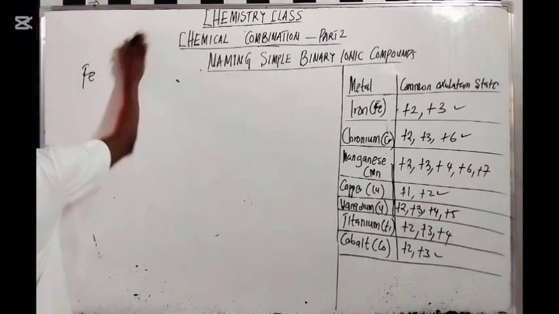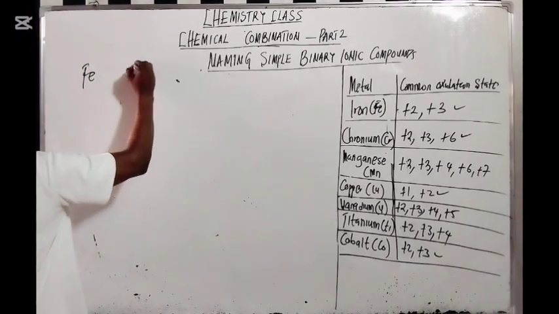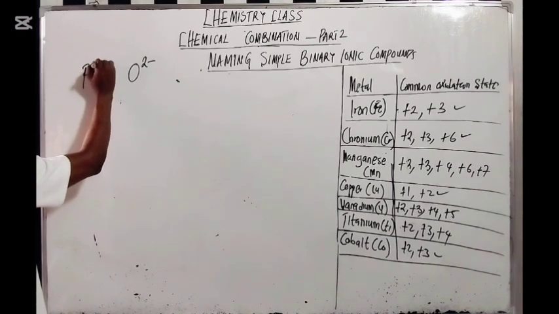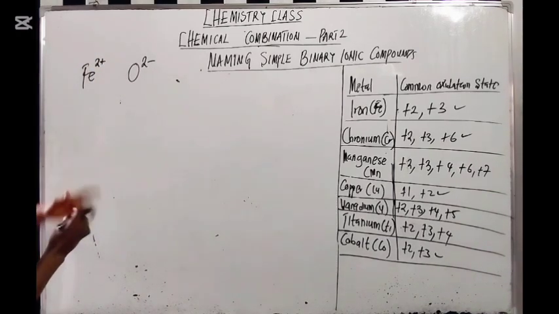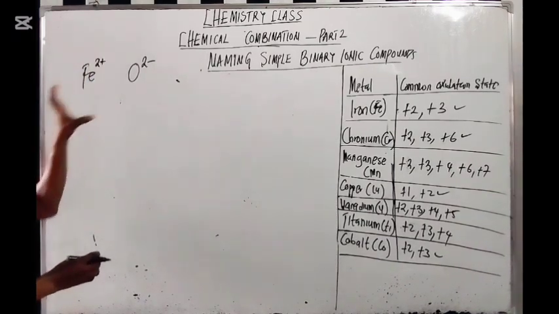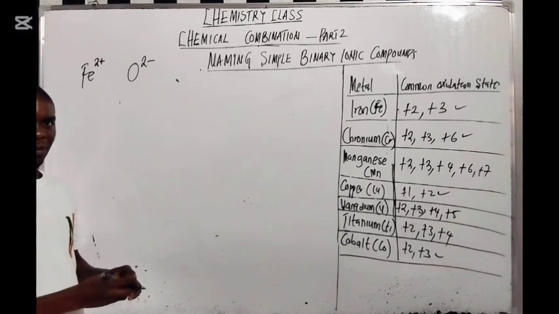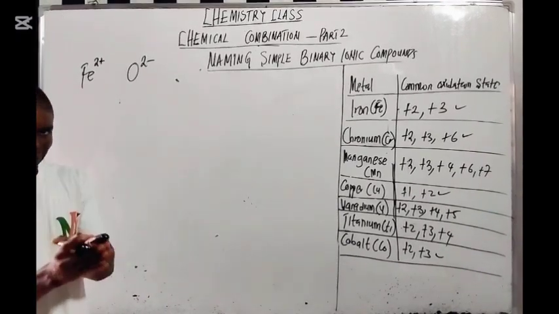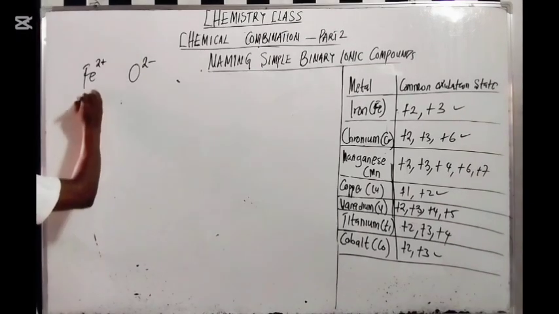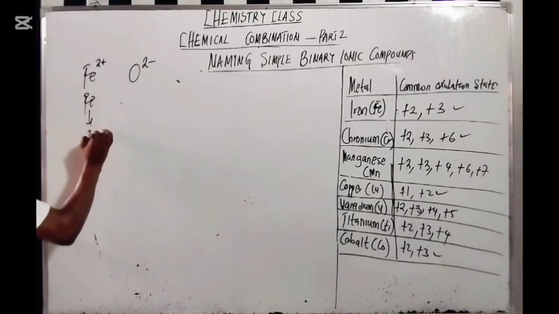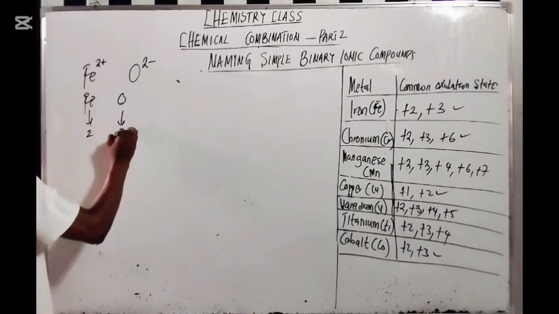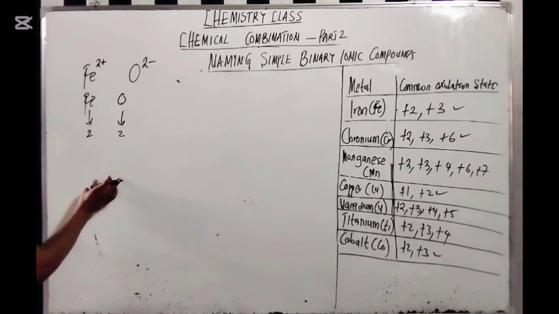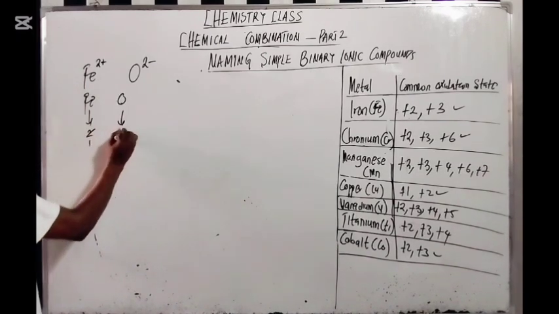Remember, oxygen is O2 minus, but iron can be 2 plus. If iron is 2 plus, what is the ionic formula between iron 2 plus and oxygen 2 minus? It's going to be Fe 2, O 2. The twos can go; 2 goes into the 1, 2 goes into the 1.